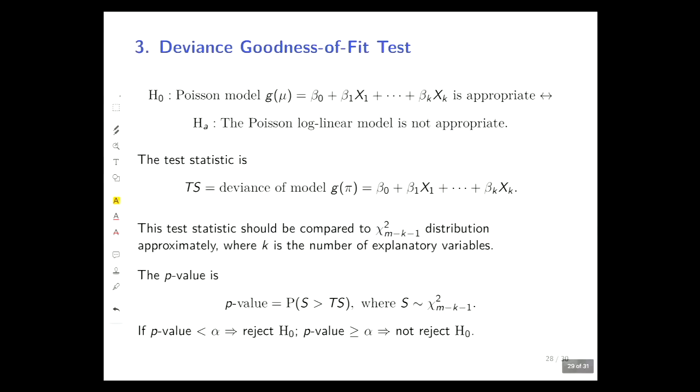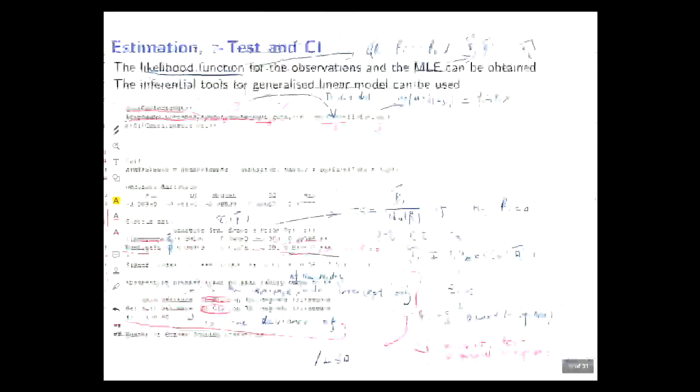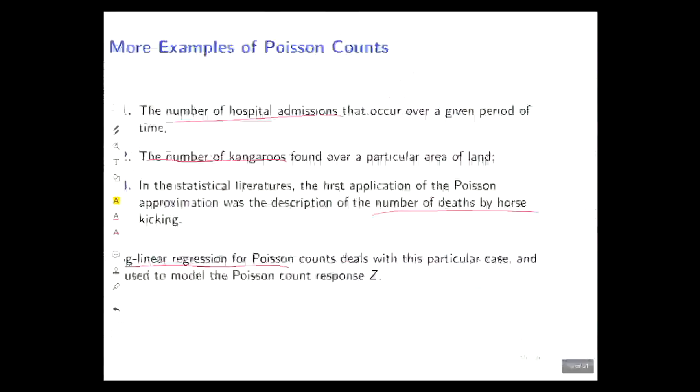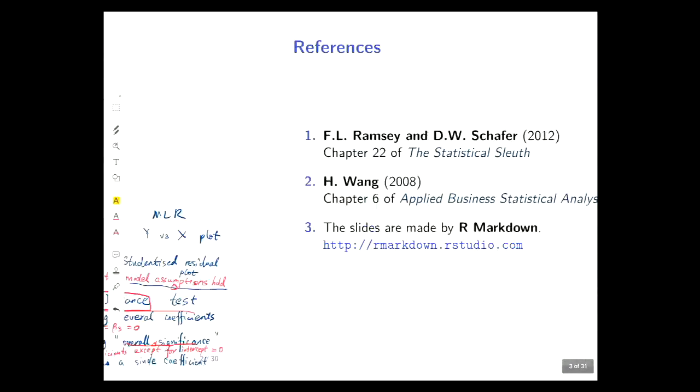The last one is the deviance goodness of fit test. I have already mentioned it in the binomial logistic regression model, and at the beginning of the previous lecture I also compared it to the dropping deviance test, if you still remember the deviance.